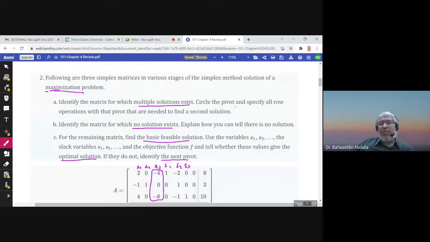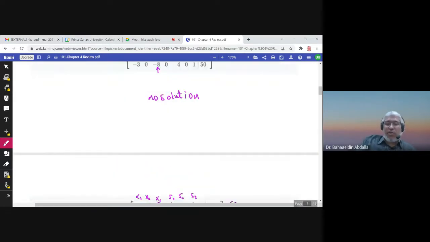So circle the pivot and specify all row operations with the pivot that are needed to find a second solution. So this is what he needs if you have a multiple solution.